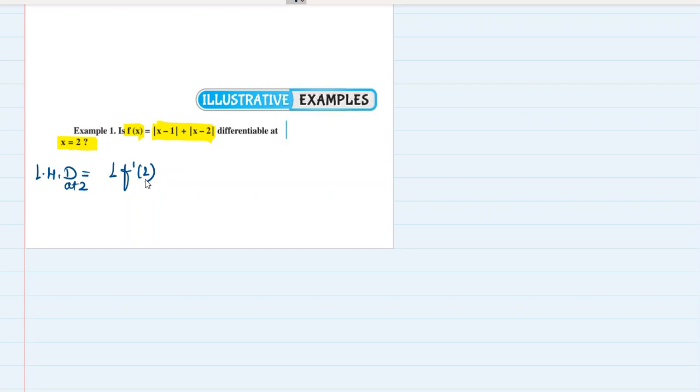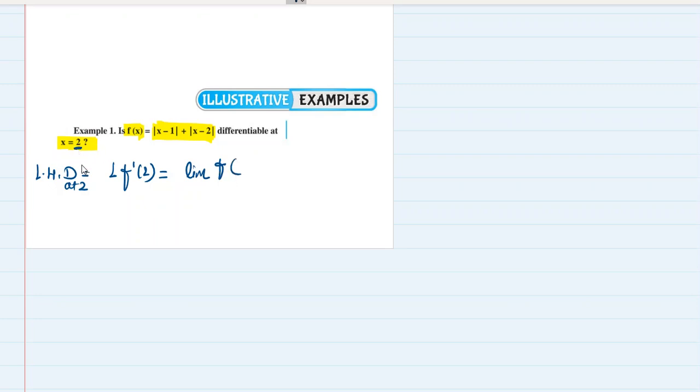Whatever you want you can write it, is equal to limit of f of c minus h. Notice that in right hand differentiability we had c plus h, but here we have c minus h. So f of c minus h, and what is c?